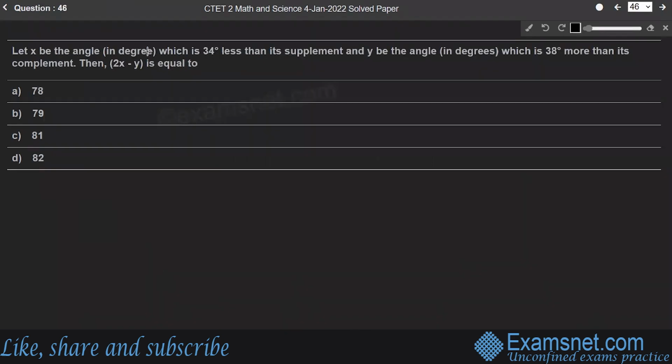Question number 46. Let x be the angle which is 34 degree less than its supplement and y be the angle which is 38 degree more than its complement. Then 2x minus y is equal to. First, let us write the supplementary angle of x.